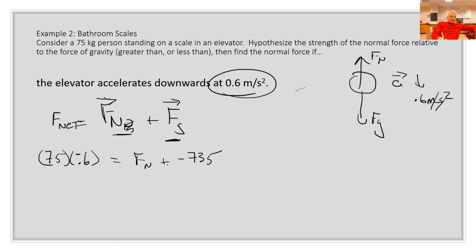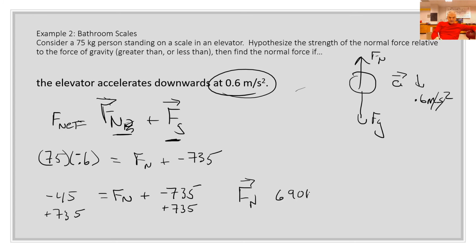And then 75 times 0.6 is negative 45, negative I should say, is equal to normal force plus negative 735. All right, so in this case I would add 735 to both sides, right? And I get the normal force to be 690 newtons.